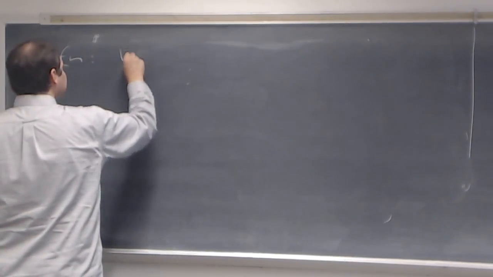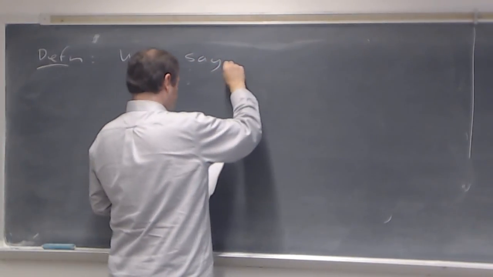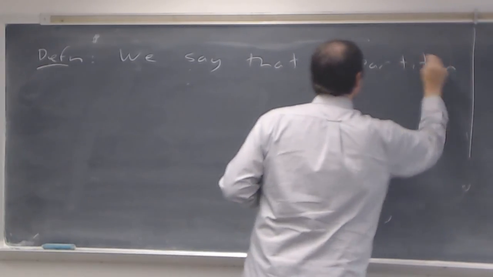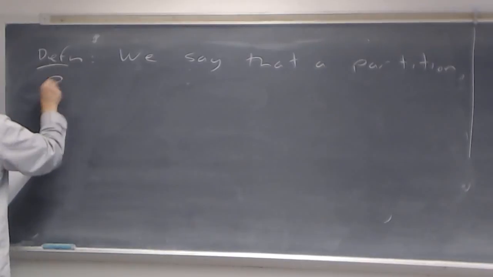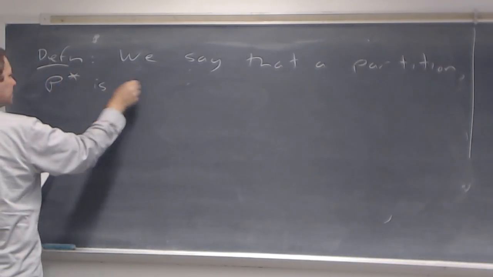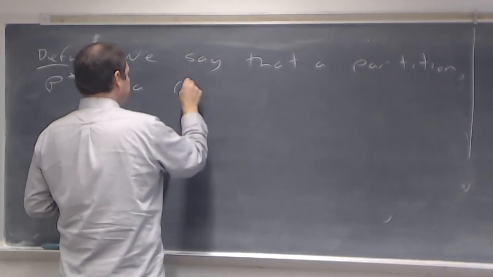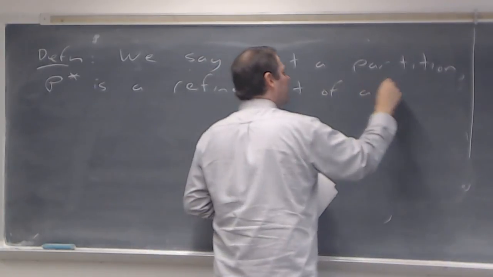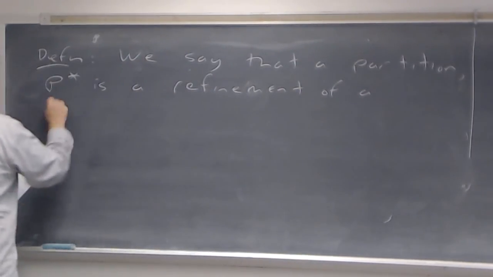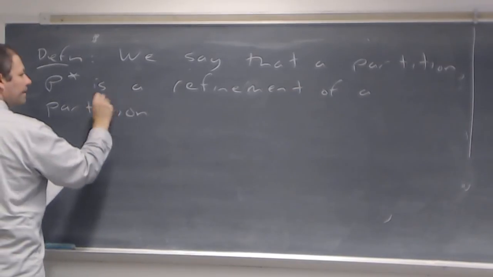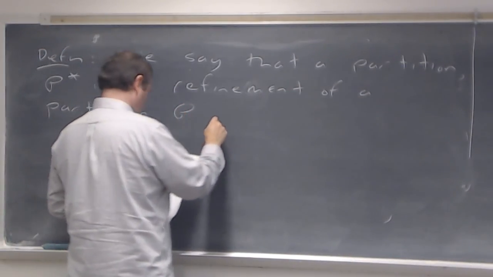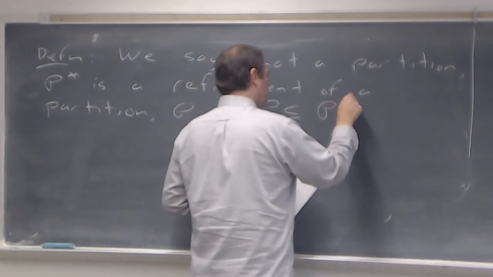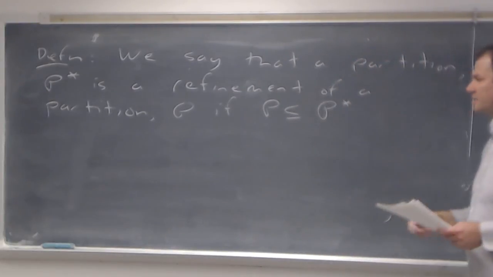It says, we say that a partition P star is a refinement of a partition P if P is contained in P star. So P is a subset of P star.